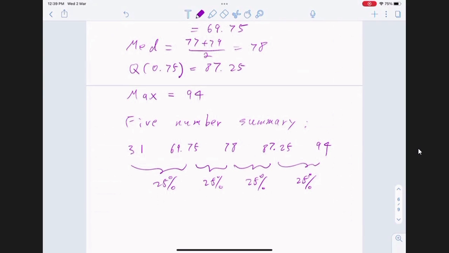Now, of course, these are numbers. Human eyes are more sensitive to graphical display. So we may want to turn this into a visualization. And the graphical display for the 5 number summary is the box plot. Before we construct the box plot, we need to first determine the outliers.